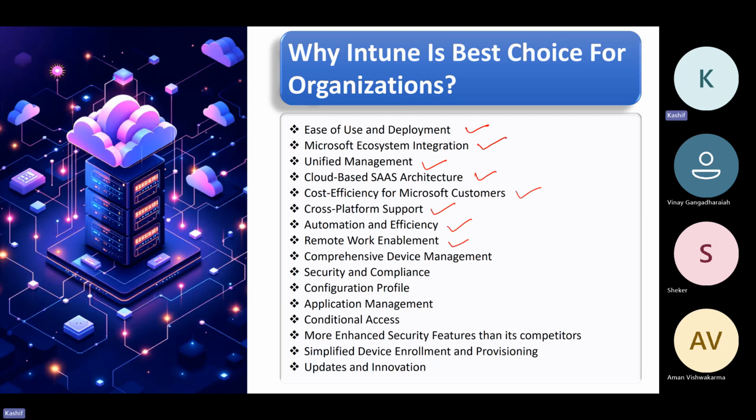Remote work enablement: your employees can work from anywhere. They don't need to come to the office to get Intune policies. Comprehensive device management, security and compliance, configuration profiles, application management, conditional access. It has more security features than its competitors. It's very simple to enroll, and it has updates and innovations. These are the reasons why Intune is the best choice for an organization.